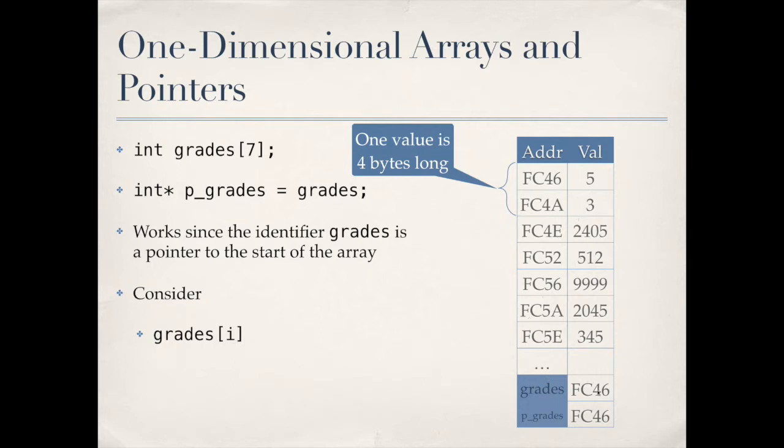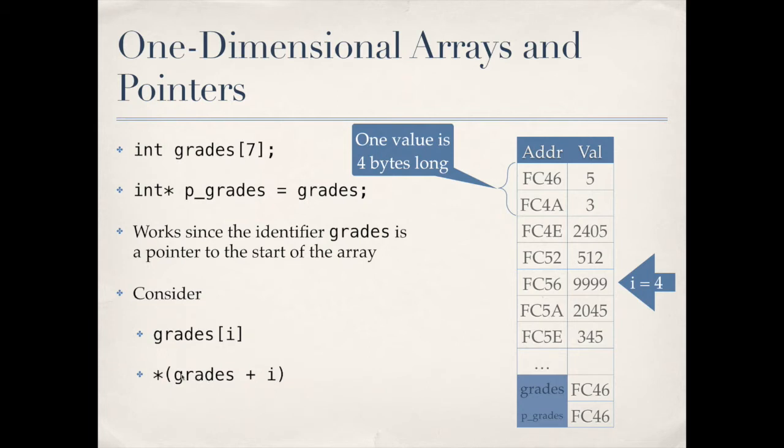Grades, of course, starts here at FC46, and we have the first element, so index 0, index 1, index 2, index 3, index 4, etc. And if we want to access index 4, we should end up here at FC56 and the value of 9999.